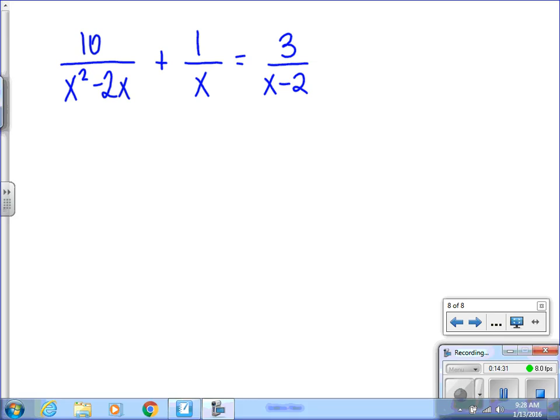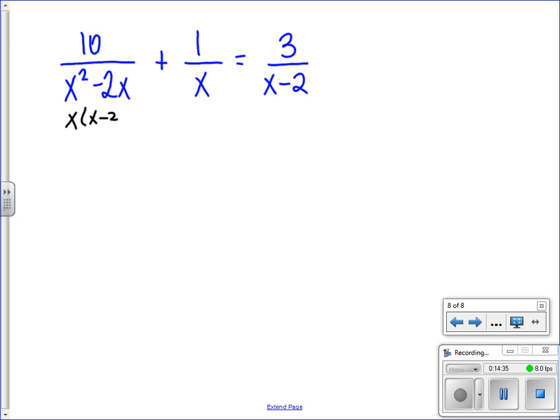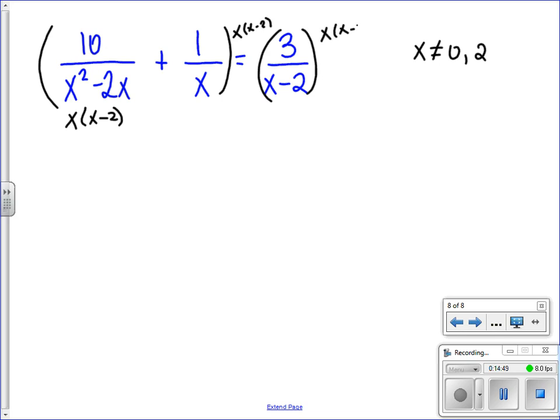Alright, so you multiplied, this is x minus 2, so x can't be 0, and it can't be 2. So you multiplied everything. Alright, okay, so what does that leave me right here? 10.